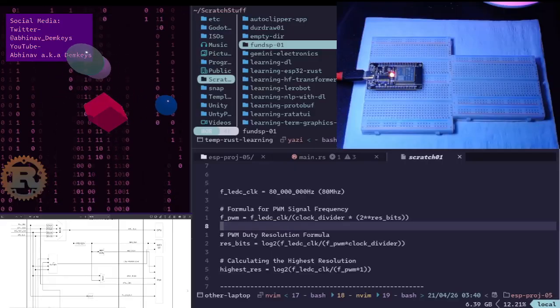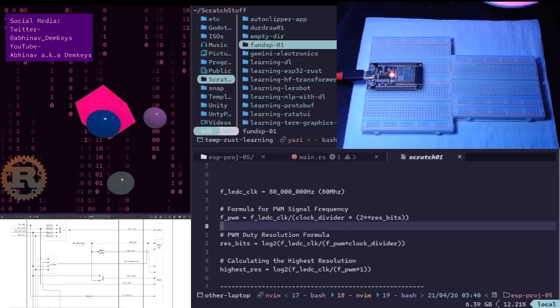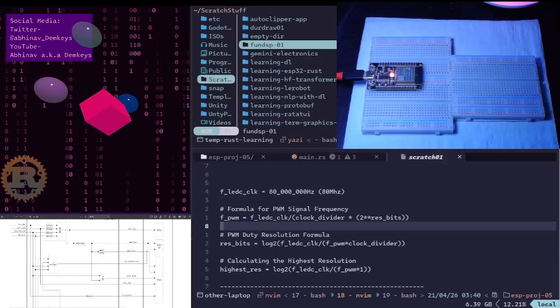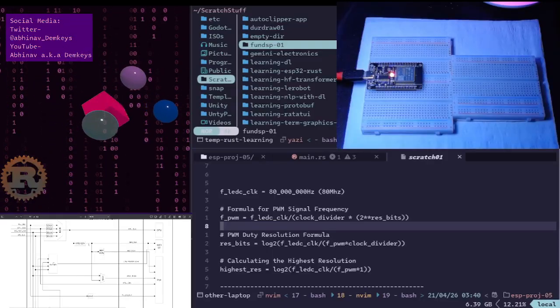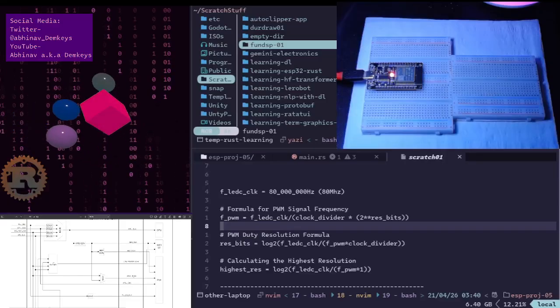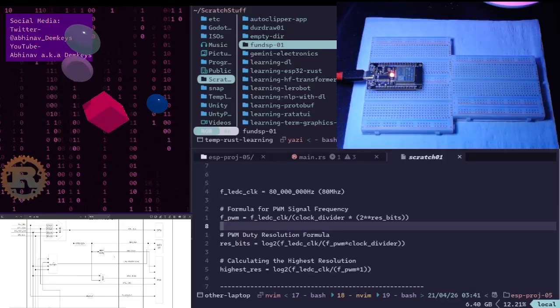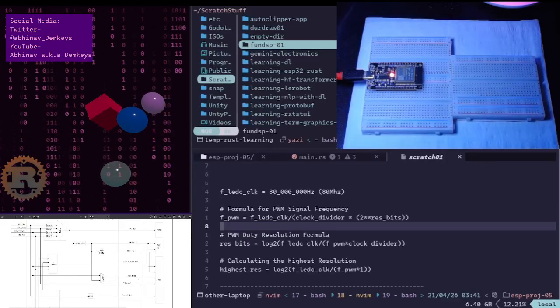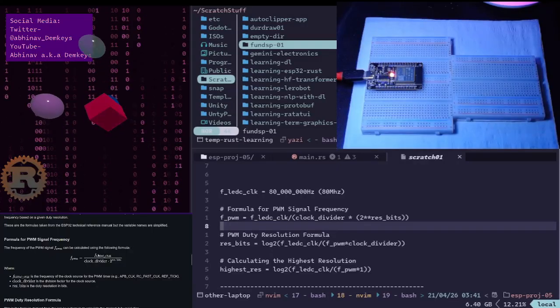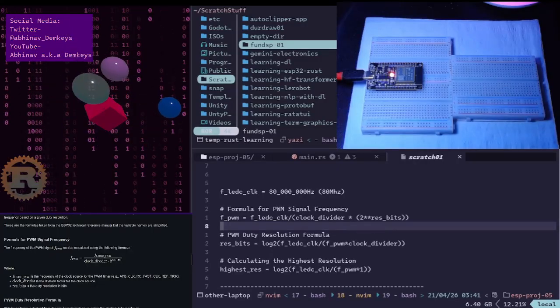Though, okay, we have APB clock coming in here. APB clock is coming from APB gen, right? And then that goes into this LEDC SCLK. Isn't that mentioned here? LEDC SCLK, or was that something else? There's LEDC CLK.